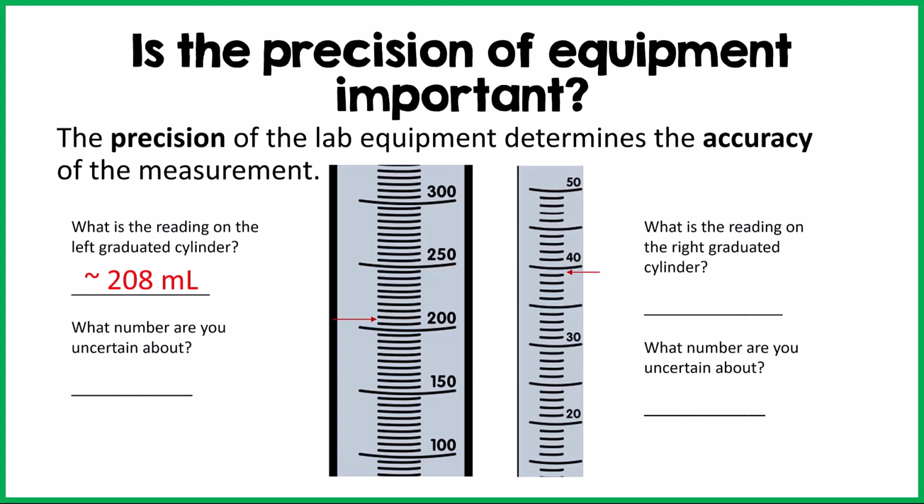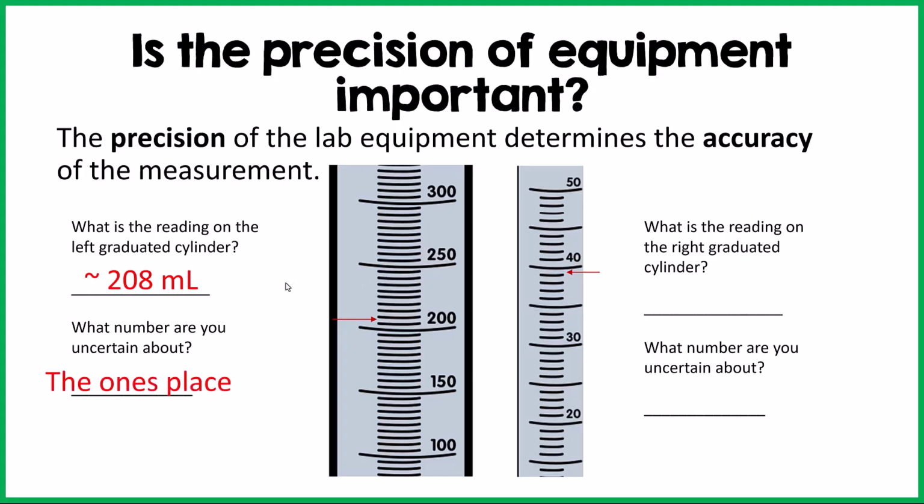So I'm going to say that reading is about 208 milliliters. Yours should be close to that. It's somewhere between 205 and 210, because if this is 250 and this is 200, then these are 5 milliliter increments. So 5, 10, 15, 20, 25, 30, 35, 40, 45, 50, 250.